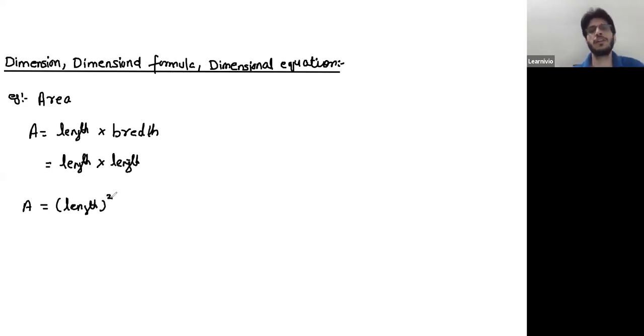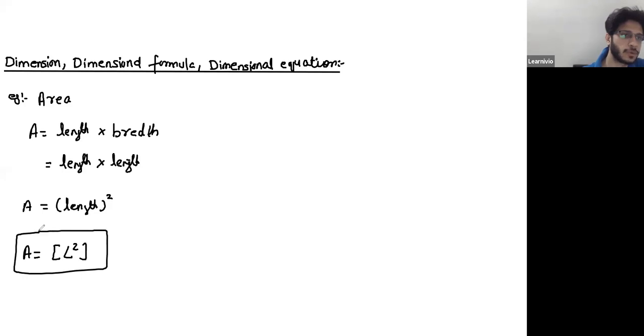So area is simply length square. You can say that A is L square. You can even write area as, see, area does not depend upon mass, it's independent of mass.